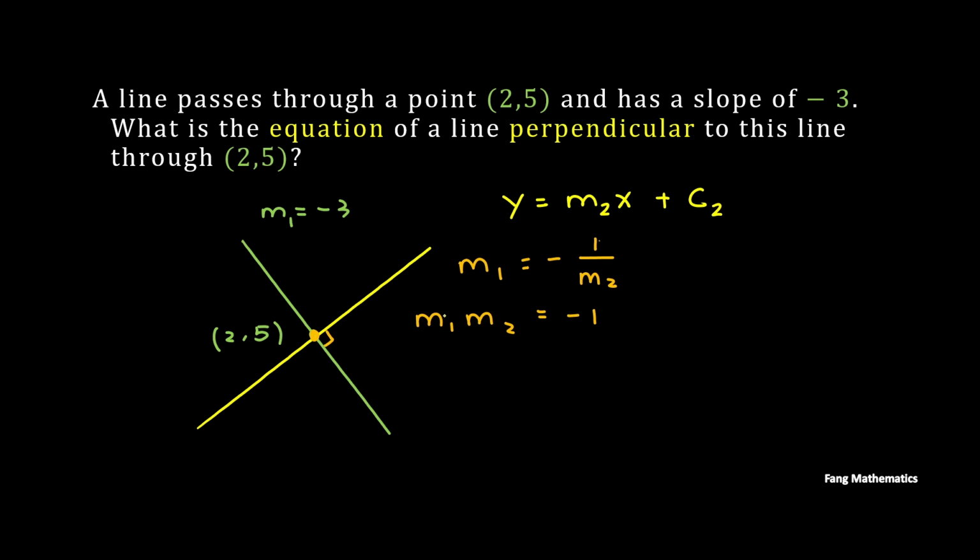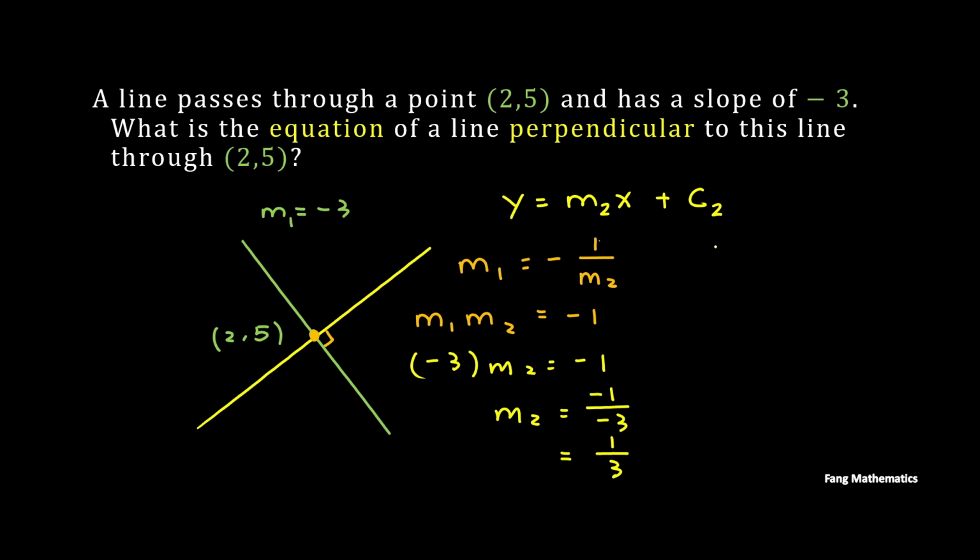So let's substitute m1 with -3. You should get -3 m2 is equal to -1. And we divide both sides by -3. You should get -1 over -3, and that should give you 1/3. It's the same as taking the negative reciprocal of m1.